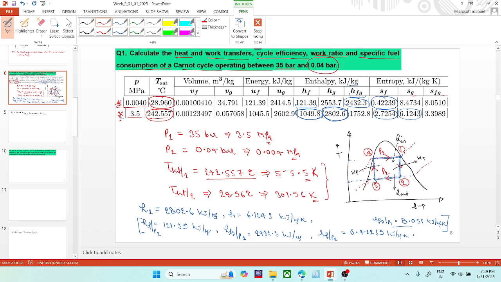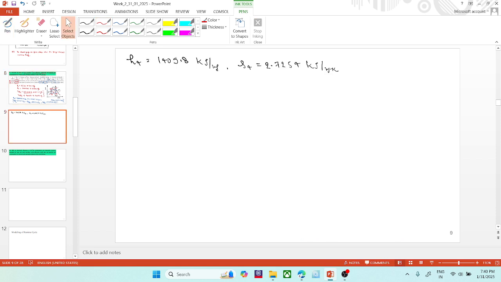Now, from this cycle, you would agree that 1 to 2 and 3 to 4 are isentropic processes, meaning the entropy is the same at point 1 and point 2, and it would be the same at point 3 and point 4. So here I will write S1 is equal to S2 and S3 is equal to S4.